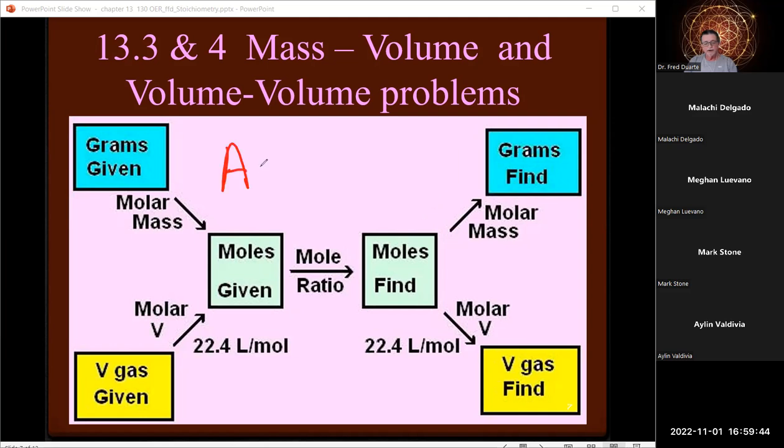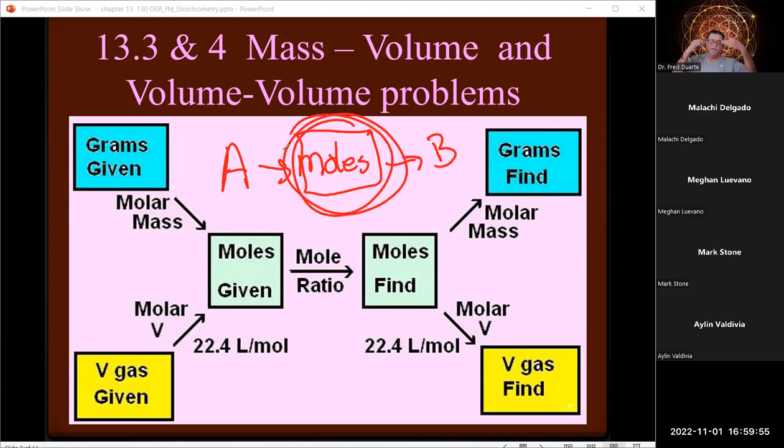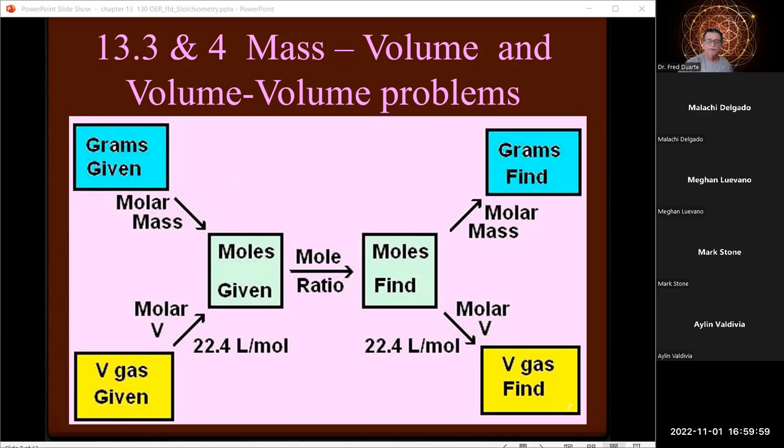I have to go only through moles if I want to get from A to B. Use moles as my common factor.